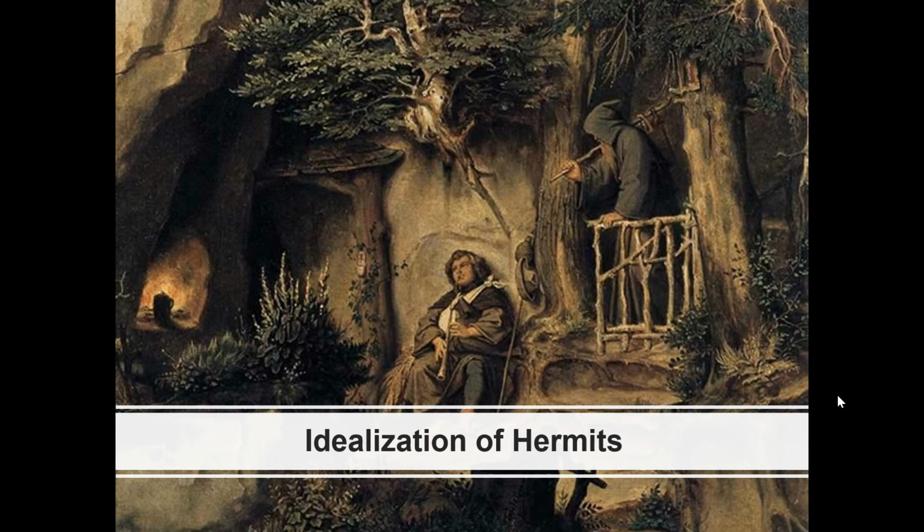But hermits live a quiet life of contemplation, and the Romantics found that really attractive. What if I were able to really get in touch with what I thought, if I lived alone so that I wasn't confused by all the other stuff that goes on in life and I could just focus on me? Wouldn't that be great? So they revered hermits, and hermits show up in their writing too.